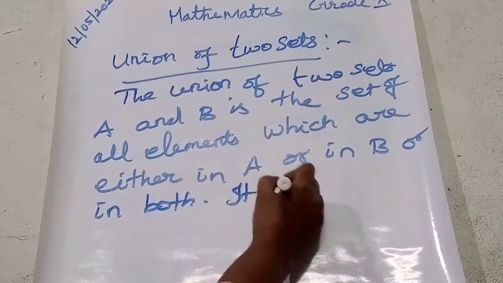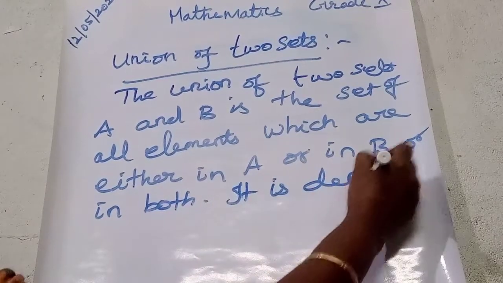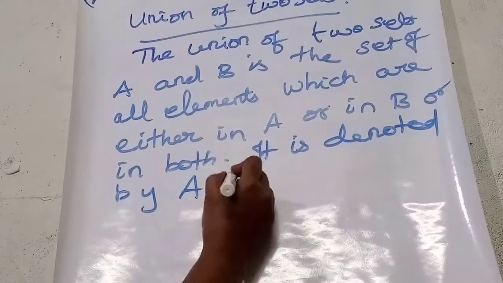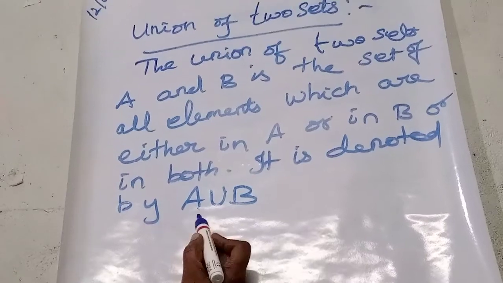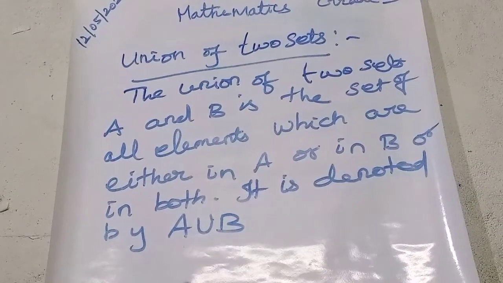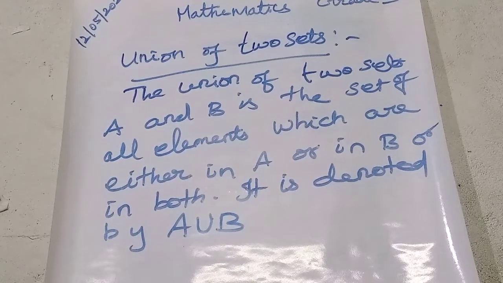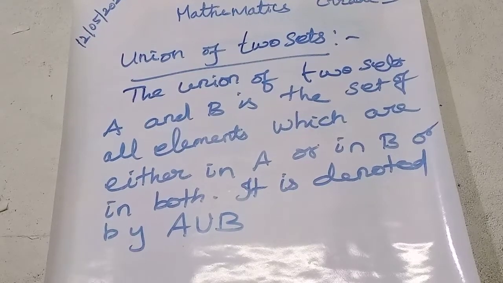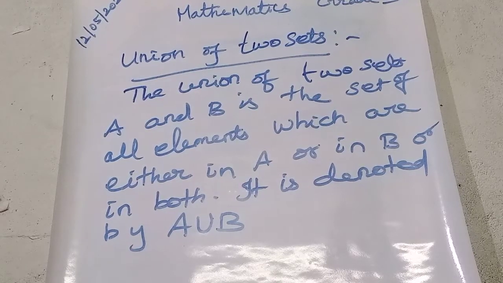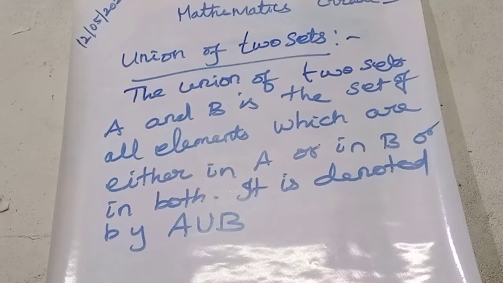It is denoted by A union B. How to read this? A union B. What is the union of two sets? The union of two sets A and B is the set of all elements which are either in A or in B or in both. It is denoted by A union B.